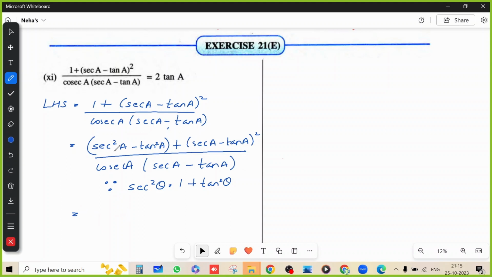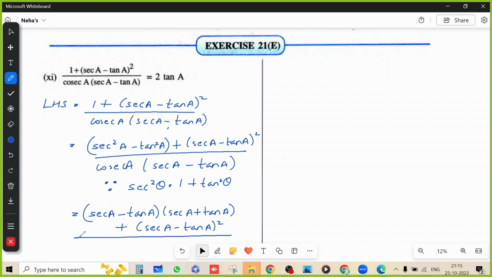Now we will expand it using the formula A square minus B square is equal to A plus B into A minus B. So it can be written as sec A minus tan A into sec A plus tan A plus sec A minus tan A whole square divided by the denominator, copied as it is.